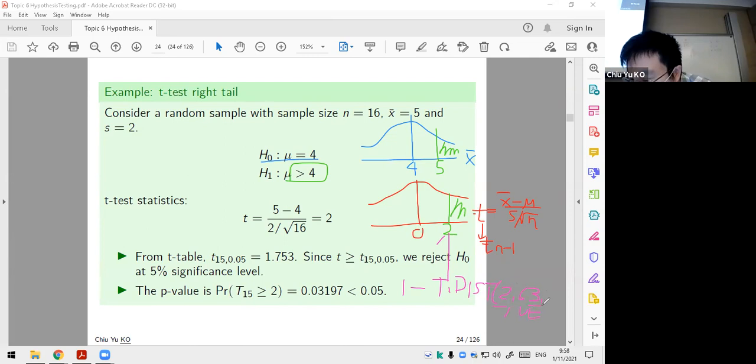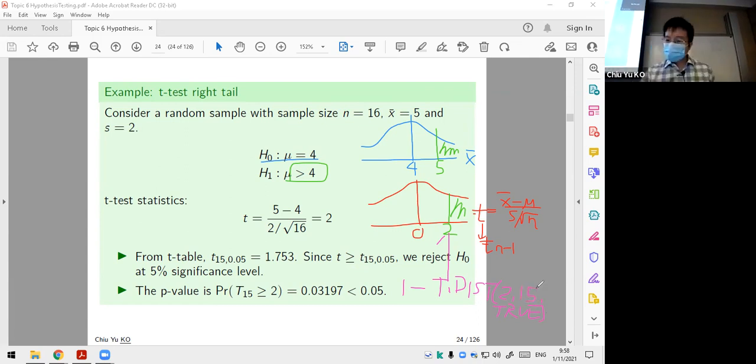That is very difficult to write. So it's T dist 2, n minus 1, and true will give you this area. Sorry, now the sample size is 15, right? So n minus 1 is 15.